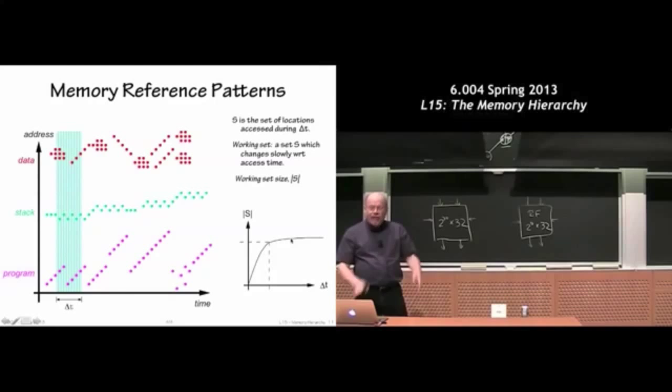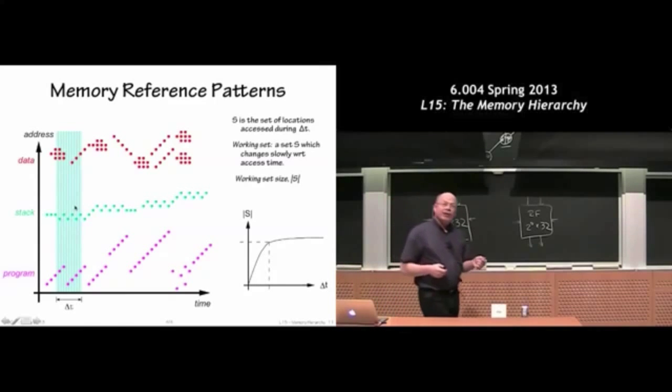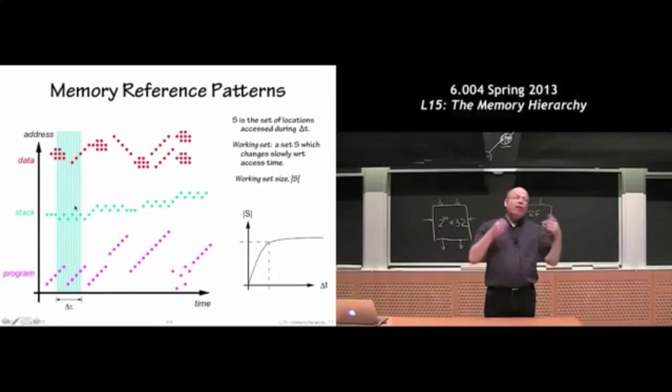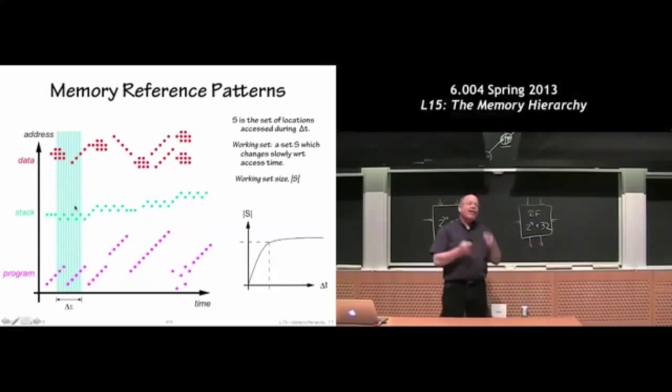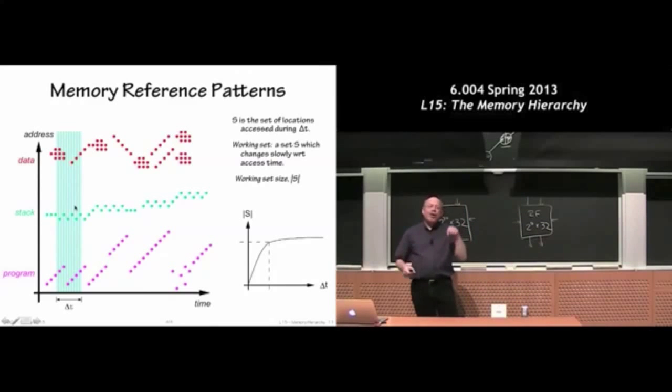In other words, even though I could double this blue region, at some point I won't double the number of memory locations that I'm accessing, because of looping, and I keep using the same data structures, and I keep referencing the same stack frame. So even though I'm considering a longer span of time, I'm still working with the same old memory locations. And that is going to be the key to our engineering trick. Okay.